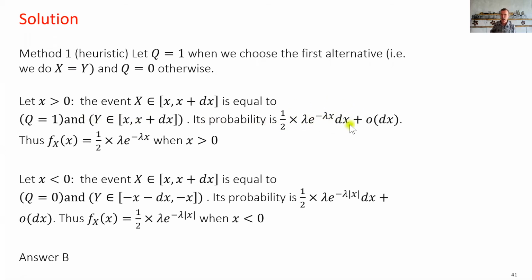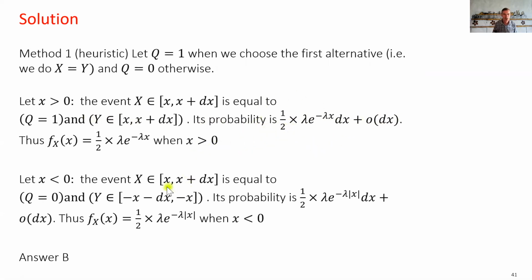If we want to be accurate, the probability is that plus other terms that vanish in front of dx. So this little o of dx means that this is dx multiplied by some quantity that goes to 0 when dx goes to 0. So at least heuristically, that tells us that when x is positive, this is the PDF.